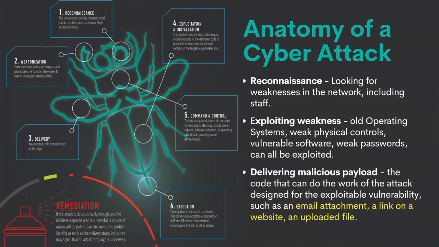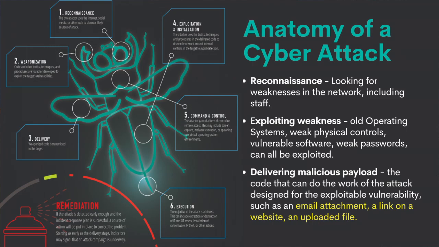We're not going to go into detail right now, but these are the important things to know. There's always going to be a reconnaissance state, a period where the bad guys are looking for weaknesses in the network, which can include the staff, you. Then they're going to exploit the weakness that they find.